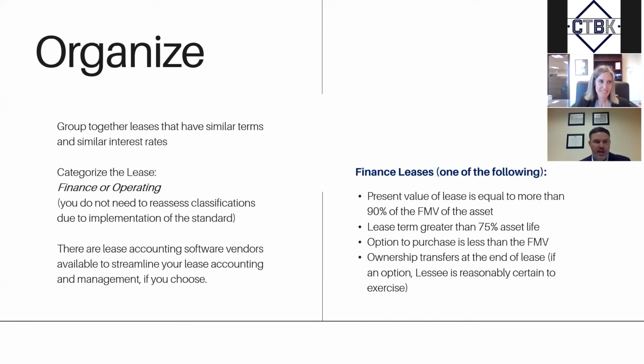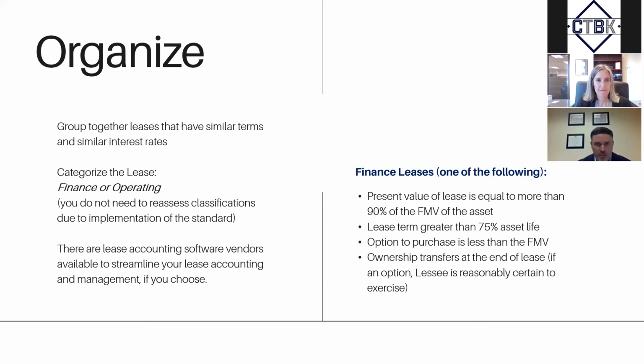So moving on then, beyond our initial direct costs, now that you've built the schedule, you've accumulated the data, you have the key information in there, we need to start to organize the schedule. Our first point that we would mention is that you can group together leases that have similar terms and similar interest rates.